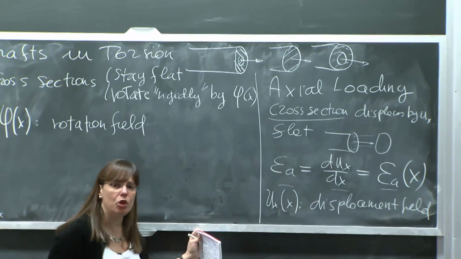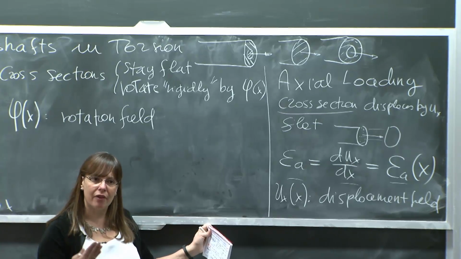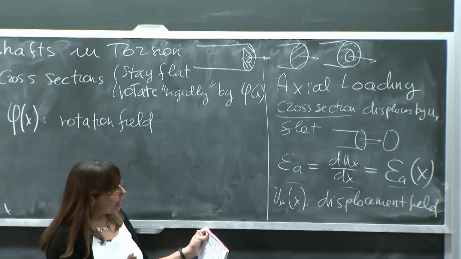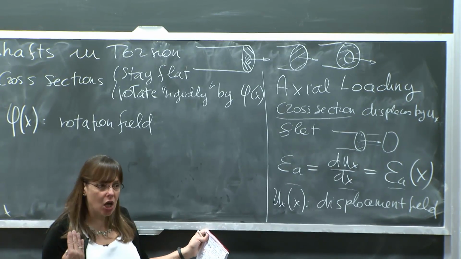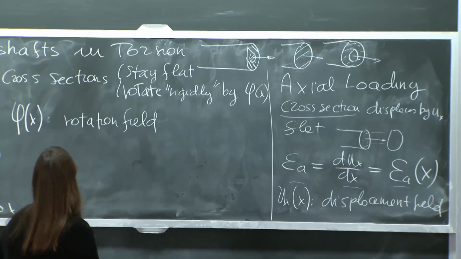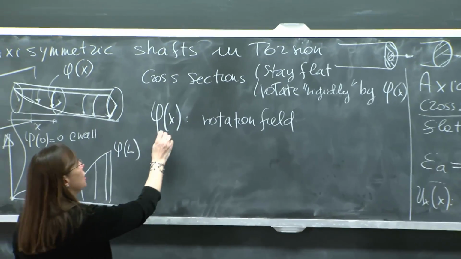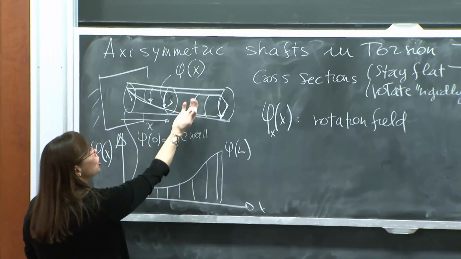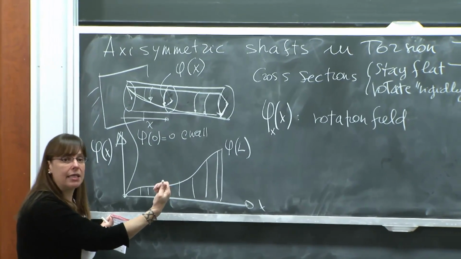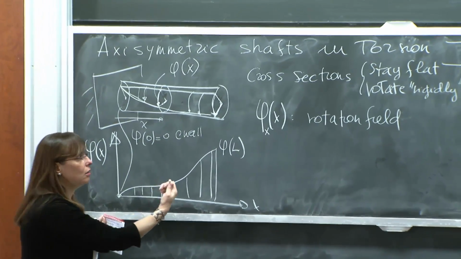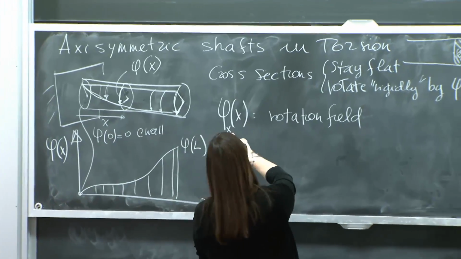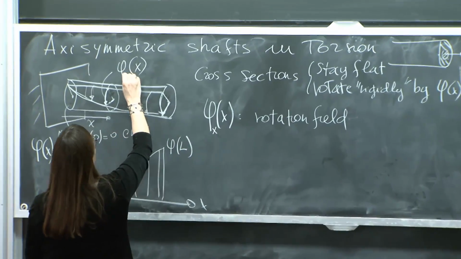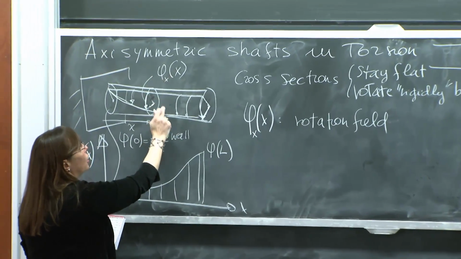Now here, remember that we used to put an x to remind ourselves this is the x component of displacement, the amount that the cross-section displaces along x. Well, if we have to be precise, this guy should also have an x here, because this is how much I rotate around x. You see? So this is something that I should put in my rotation, because this is a rotation around x.